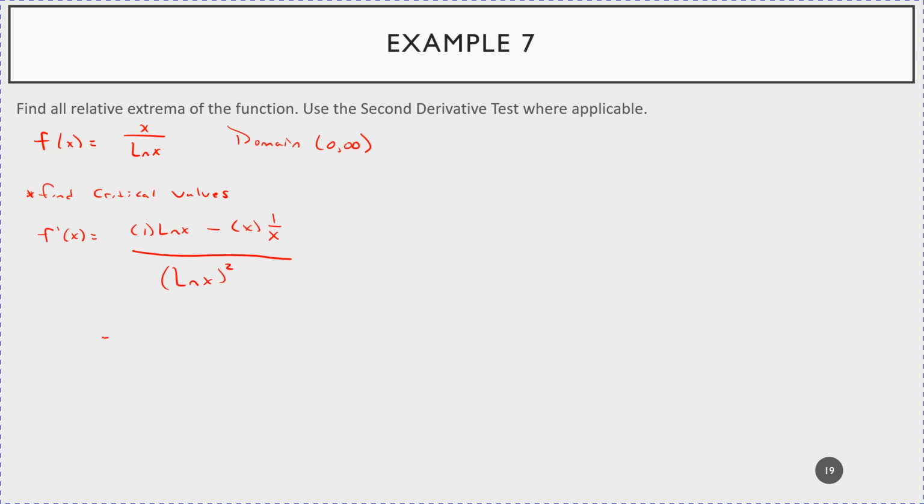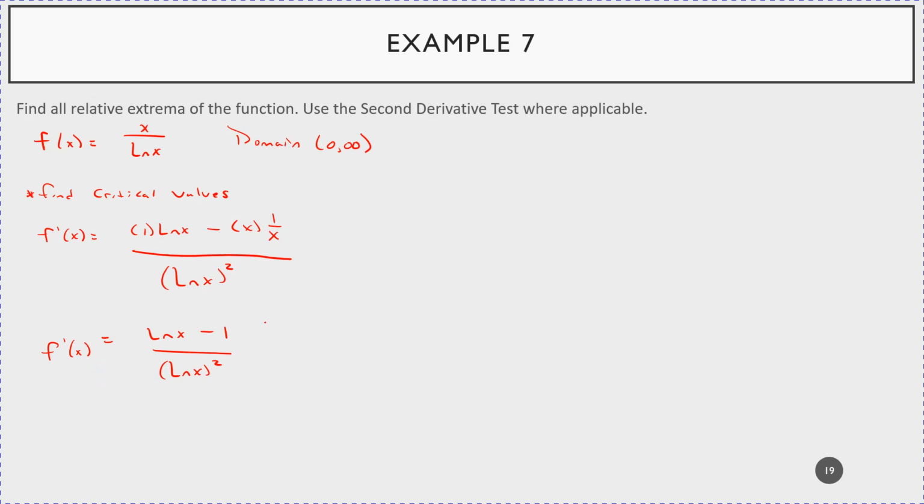So cleaning this up, you have the natural log of x minus 1, all over ln of x squared. Okay, that's my first derivative right there.